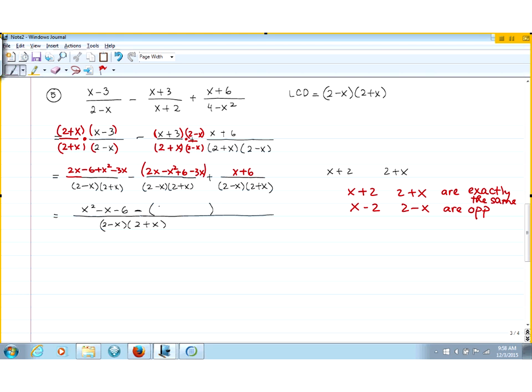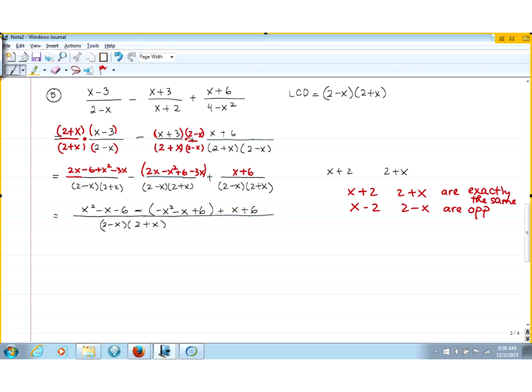So minus what? Minus, actually, negative x squared. What is it? 2x minus 3x. Negative x plus 6. Plus x plus 6. Alright.